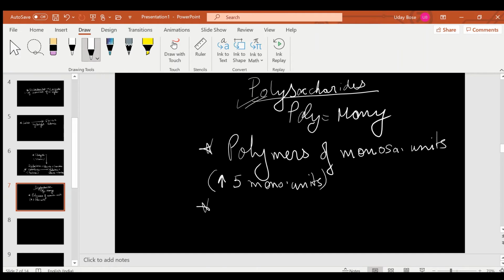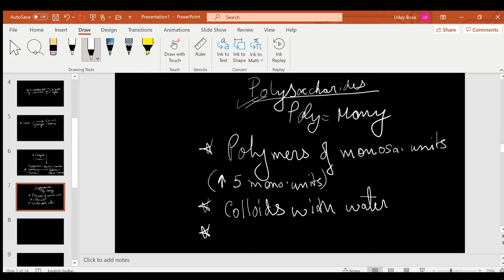Second point, polysaccharide will form colloid with water, because they can aggregate, or they have hygroscopic property. They can form a colloidal suspension when kept in water.